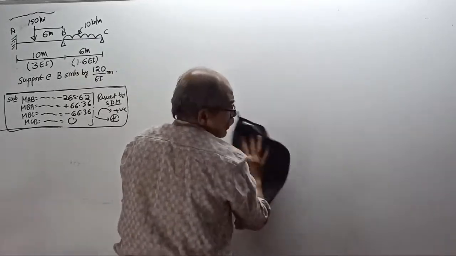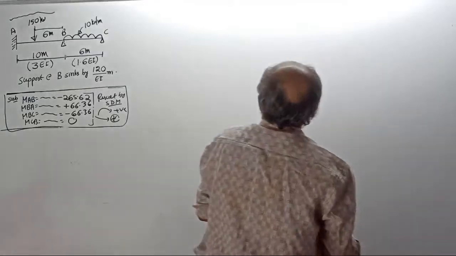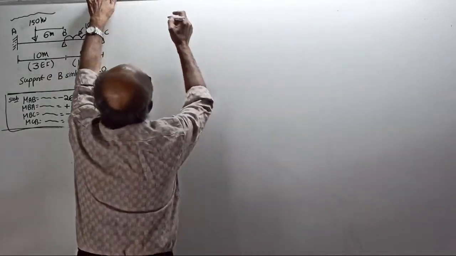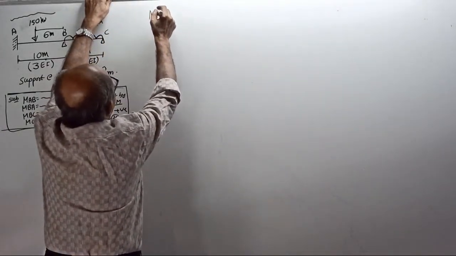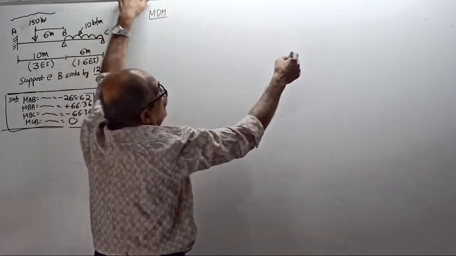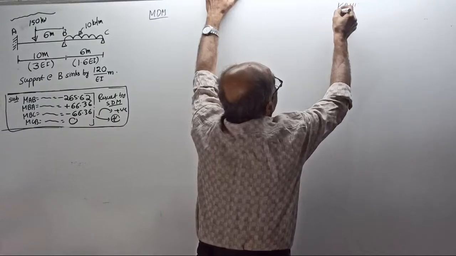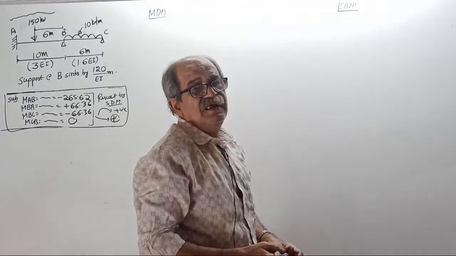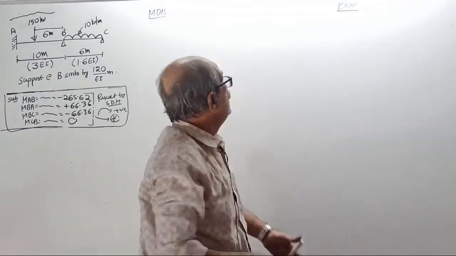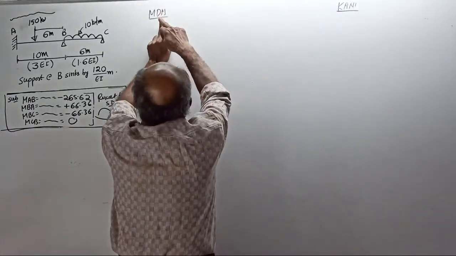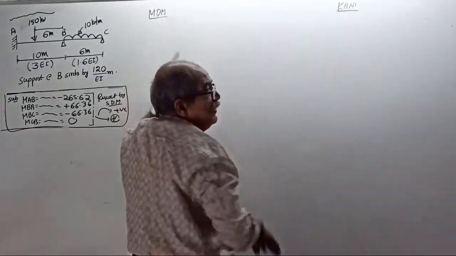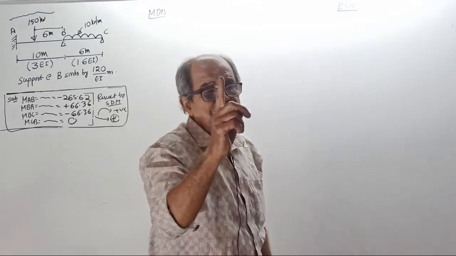Okay, start. Now, I will do one thing. I will start the moment distribution method and also Kani's method simultaneously. Now, one important thing, correctly observe what I tell. For both MDM and Kani's method, first you go for the important concept.